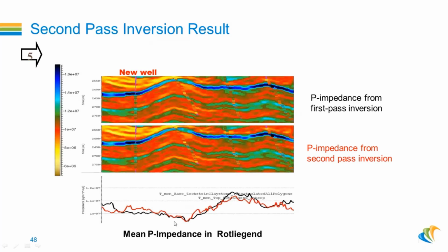The black is the extracted average acoustic impedance for the reservoir layer, from the original inversion, and the red is from the newly updated inversion. You can see that the P-impedance at the newly drilled well indeed has a slightly higher value because we updated the low frequency model.